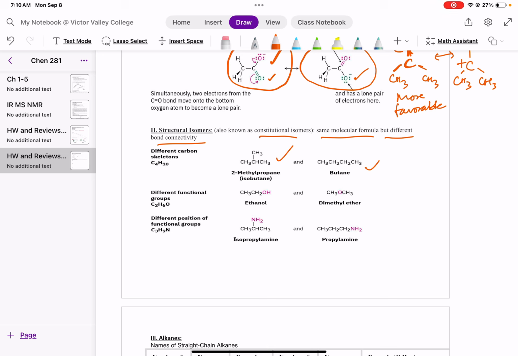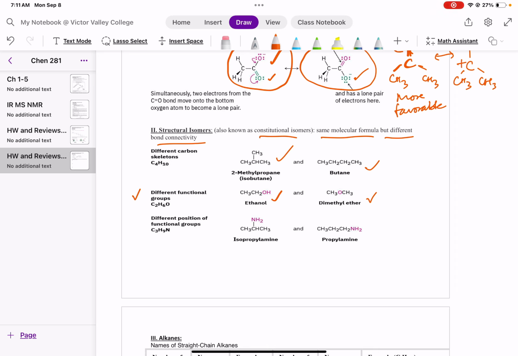They could be different functional groups. Functional group is so important. If we have a hint to draw 2 isomers, one is alcohol and one is ether, we know, because if it's an alcohol, it's an OH.